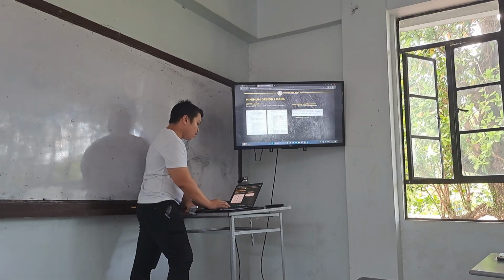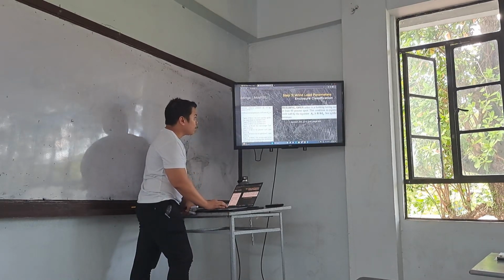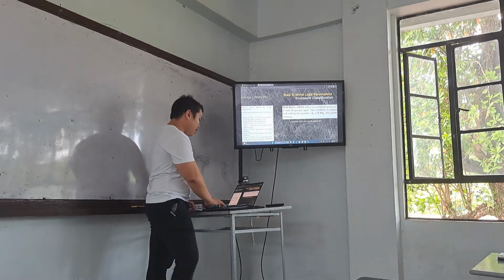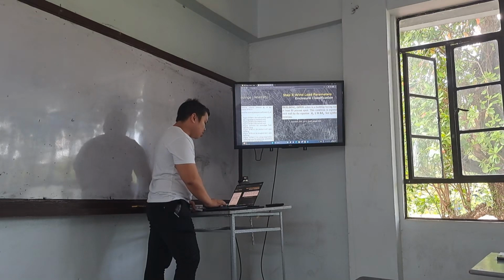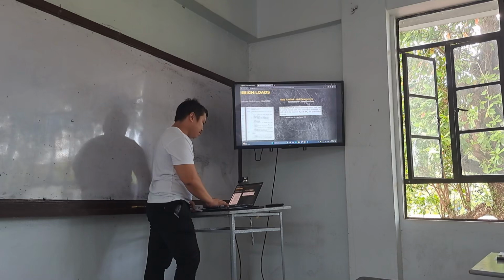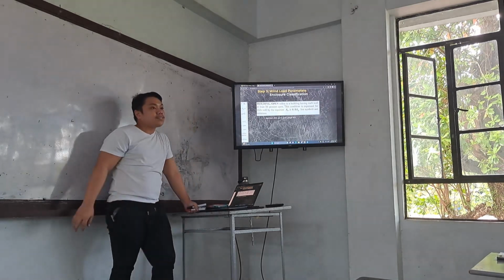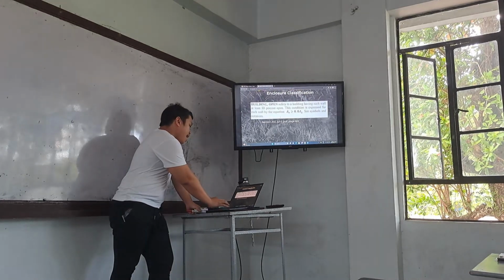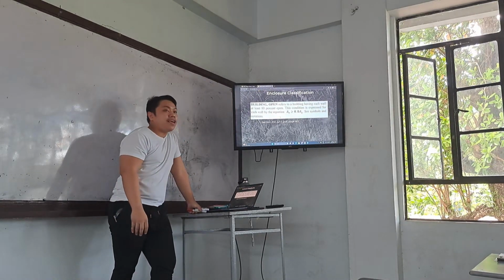So for our 3 types of building enclosure classification, which are open, partially enclosed, and enclosed, you can see this in Section 202. We can say that the building is open, having each wall at least 80% open.